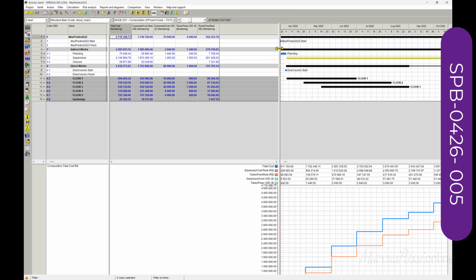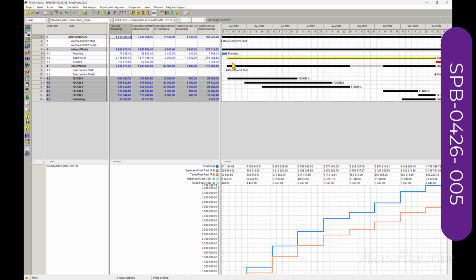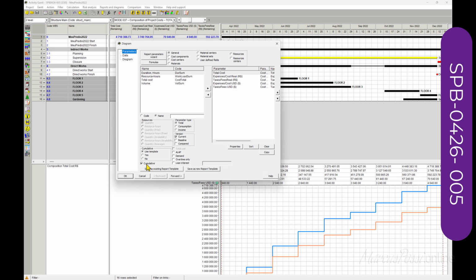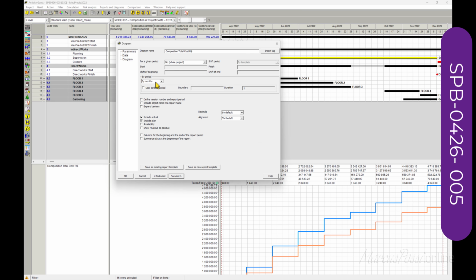I think I could make you understand this difference. Whole projects, okay, in mode 37, we should have, what should have? Accumulated graph, accumulated means cumulative, box checked, okay. Monthly, okay, monthly, let's see, monthly.